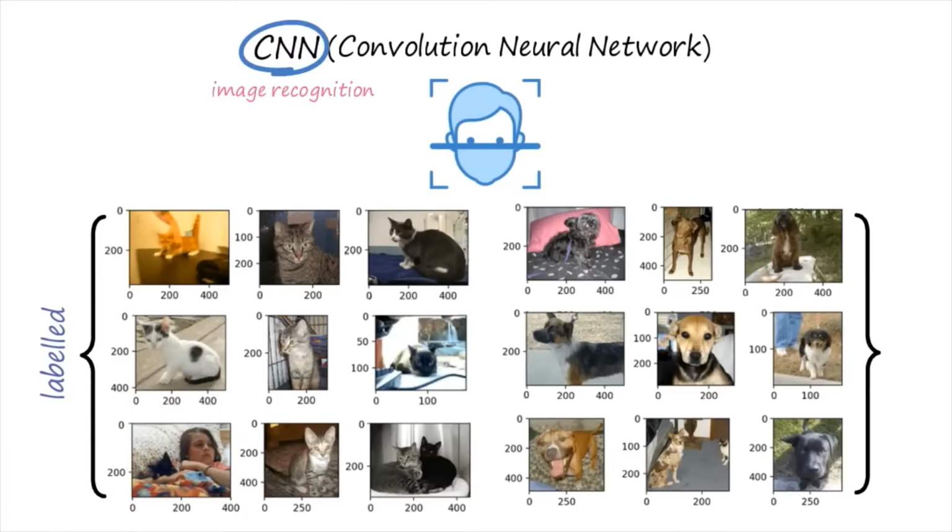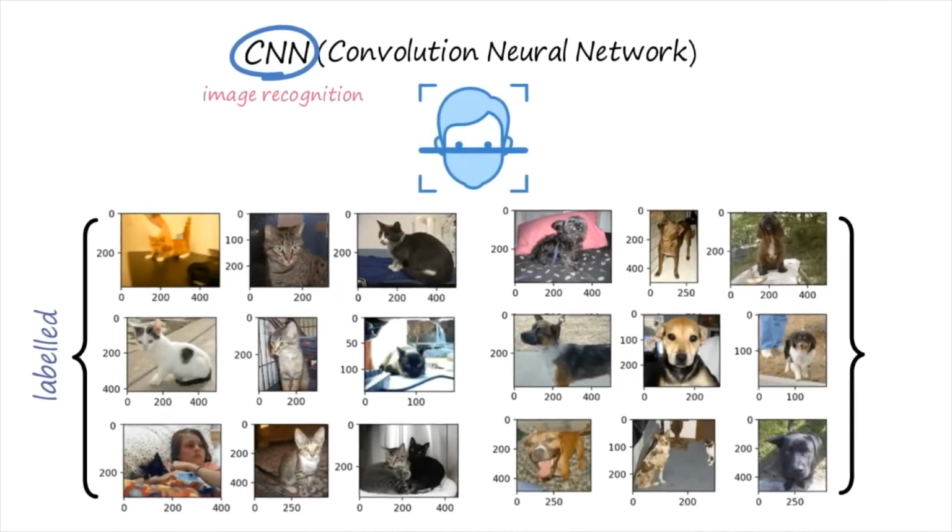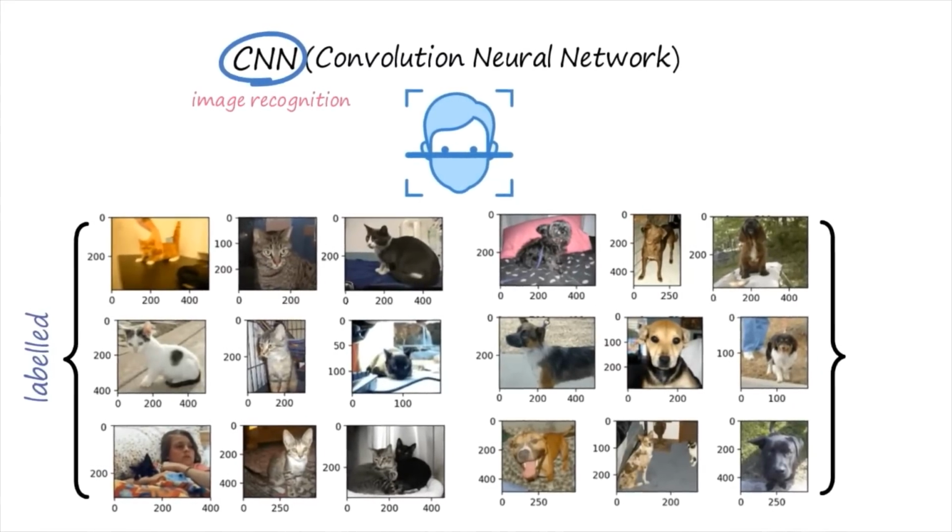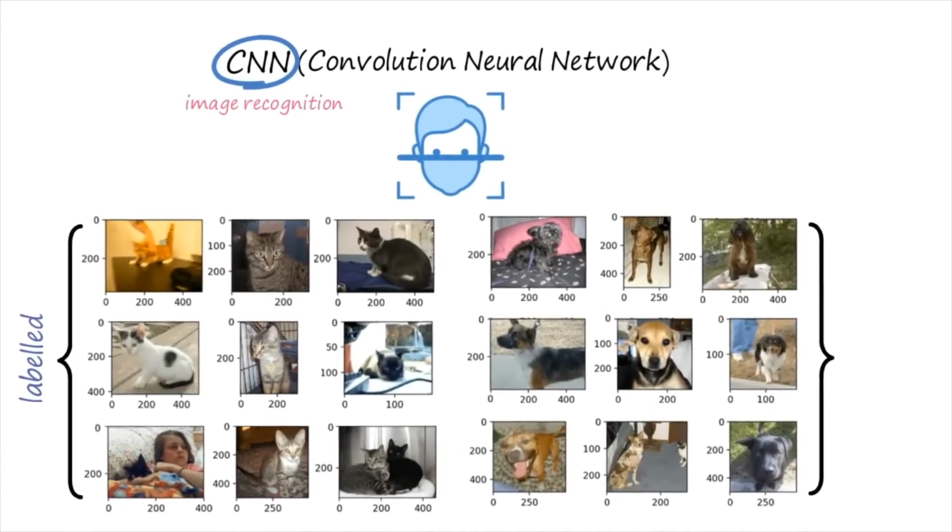Now consider we have a large amount of labeled data, and we have to recognize from a certain image which one is the cat and which one is the dog. So I hope you can understand that CNN is a special type of neural network.